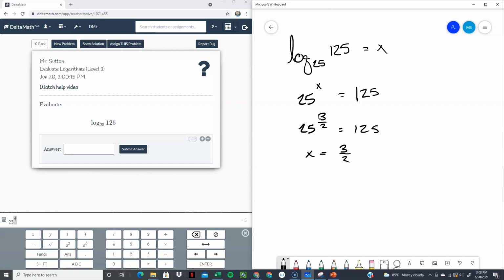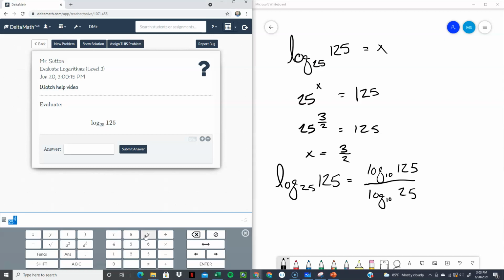And again, if you're struggling with the guess and check, what I recommend doing is plugging into your calculator log base 10 of 125 over log base 10 of 25. And let's see, I'll show you that. We should get this 3/2 answer that way as well.